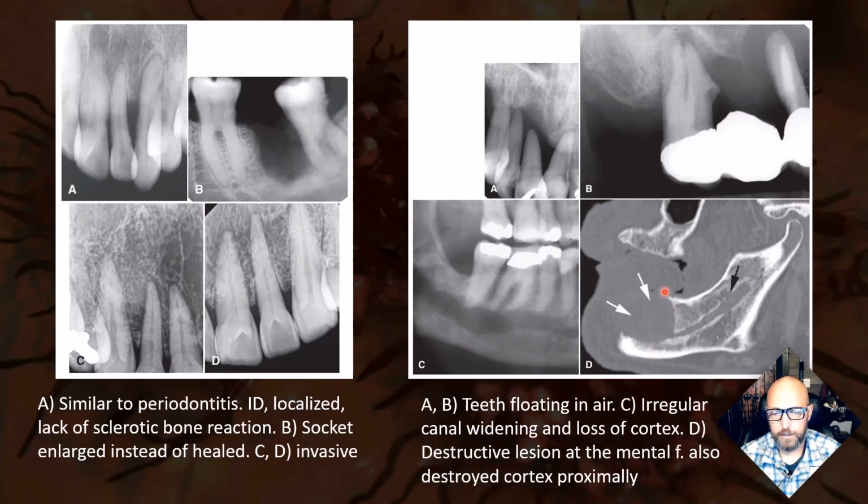This one, a little tricky. So here we have a cone beam CT, looks like a sagittal slice. So like it's sliced vertically and you're looking from the side. Parts of it do look well defined and somewhat smooth, but I would argue that part of this is irregular. Down here, less corticated, still somewhat well defined, but maybe you're starting to see some of the trabecular pattern where you get individual spindles of trabeculation left behind, which I said was a sign of malignancy. And then the giveaway here is this black arrow.